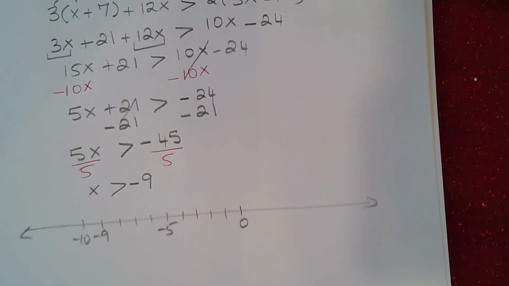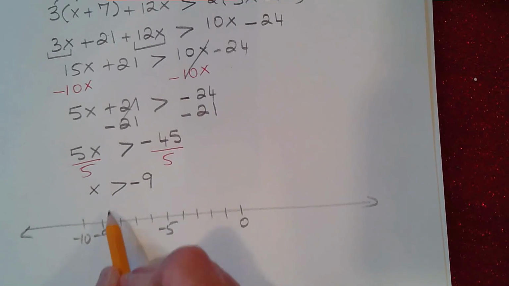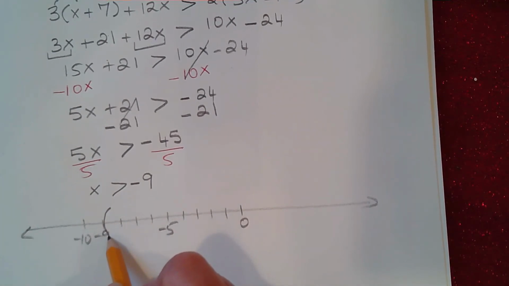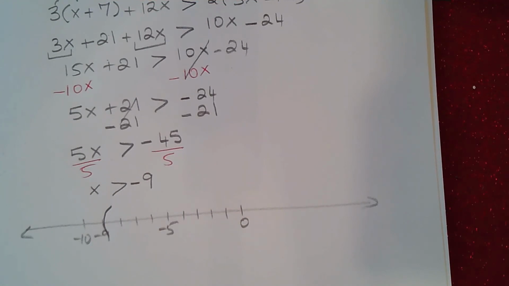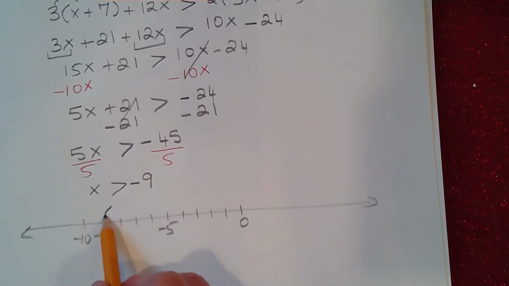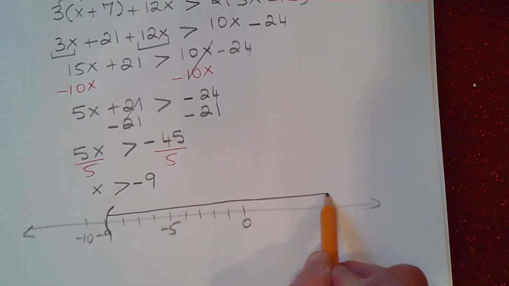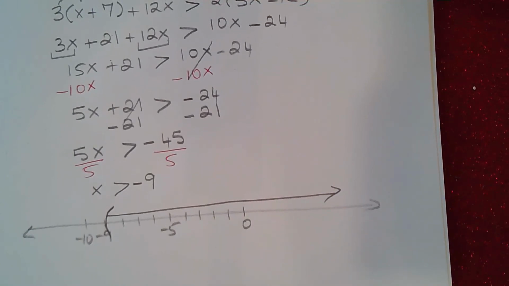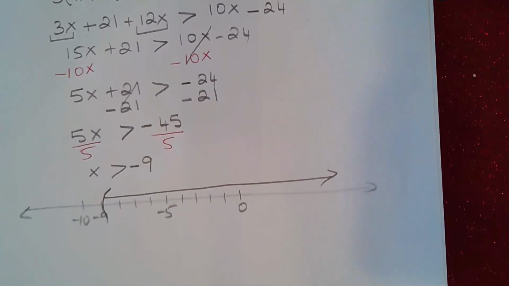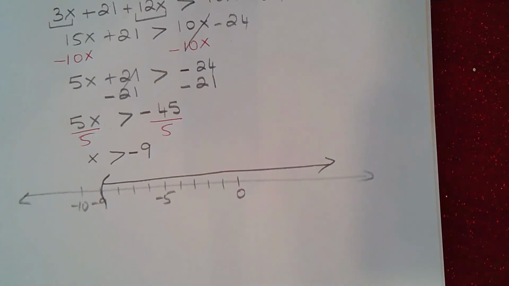Again, it's not included because we have greater than, we don't have greater than or equal. So we're going to have a parenthesis on negative 9. And the solution is greater than negative 9, which means anything to the right of negative 9. So here's our graph.